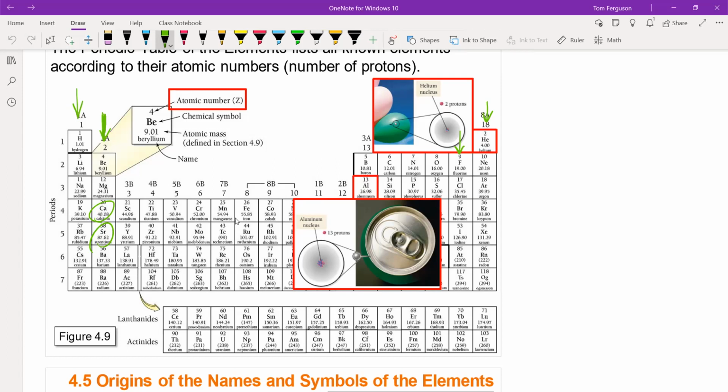This is another example. One problem with a nuclear bomb is it produces a lot of radioactive strontium. That's Sr, which is right here.